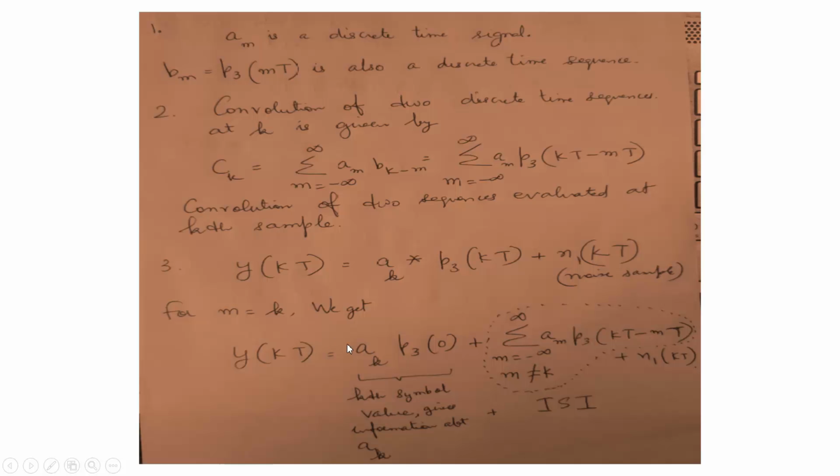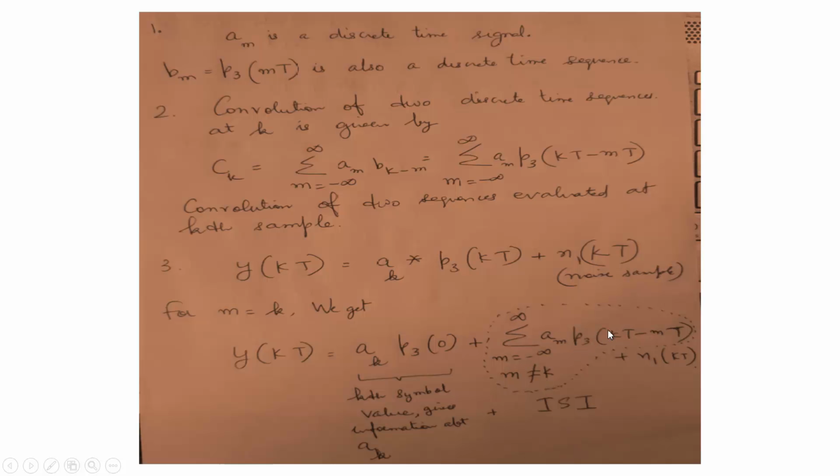We are trying to estimate what bits or what a_k was transmitted. We have the a_k information, of course, but it is also suffering from the information spilling over into this present symbol from the previous symbols, right. This is known as the intersymbol interference.